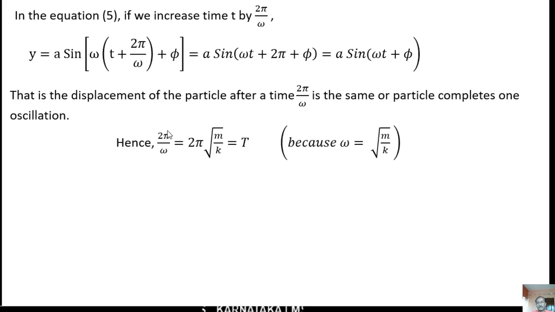Hence 2 pi by omega is equal to 2 pi into square root of m upon k, which is equal to T, because omega is equal to square root of k by m. This is about the time period of oscillation of simple harmonic motion. That is T equals 2 pi into square root of m upon k.